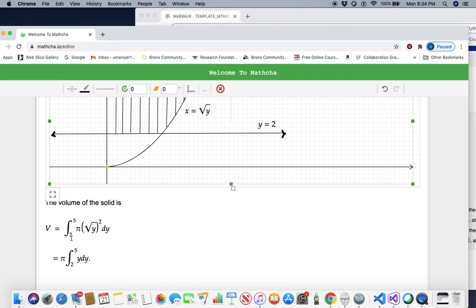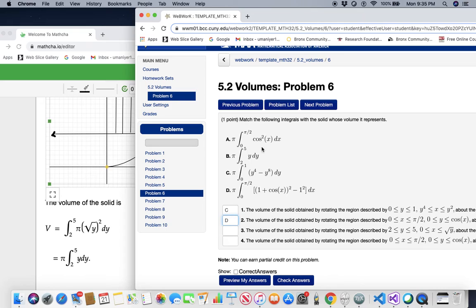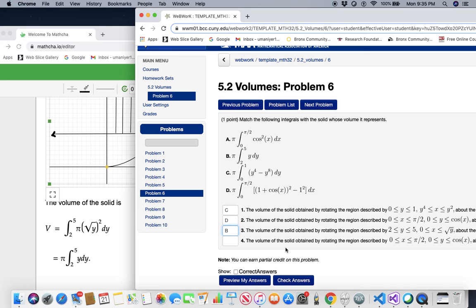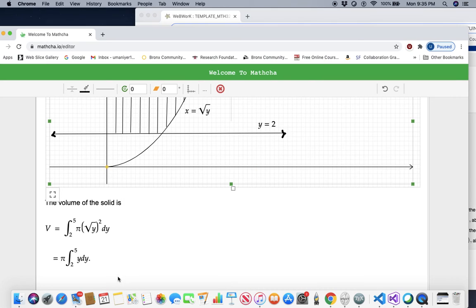Pi comes out, integral 2 to 5, that's simply y dy. That's here: pi integral 2 to 5 y dy. So that is B.